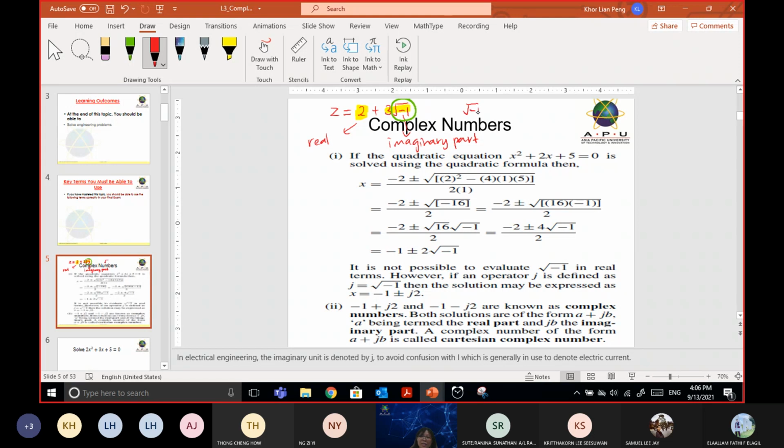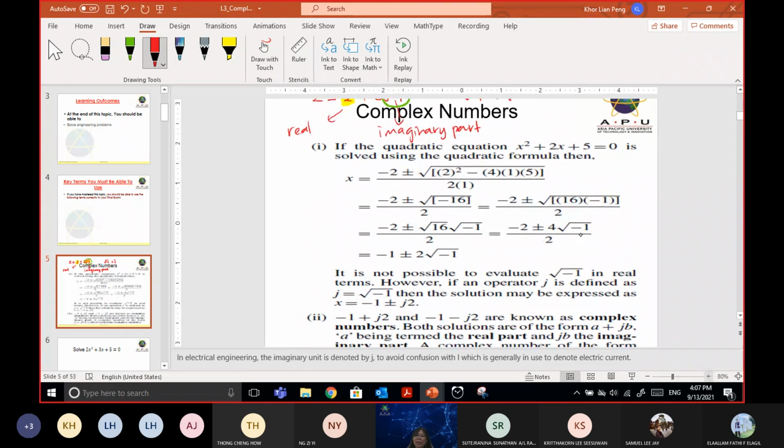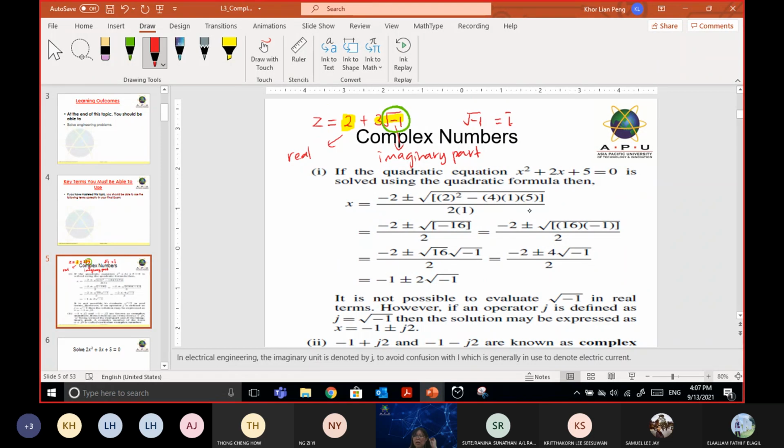In normal maths, we always use small letter i as the notation. But on this slide, you can see we use j to represent square root of -1.